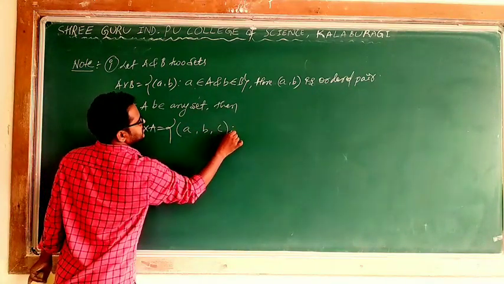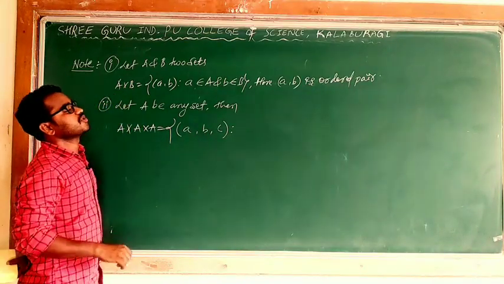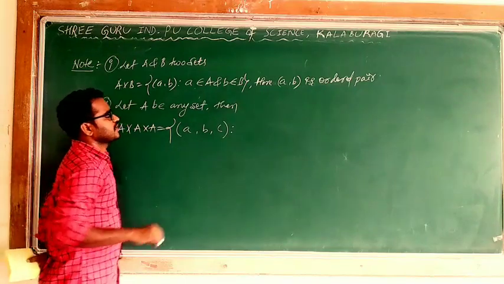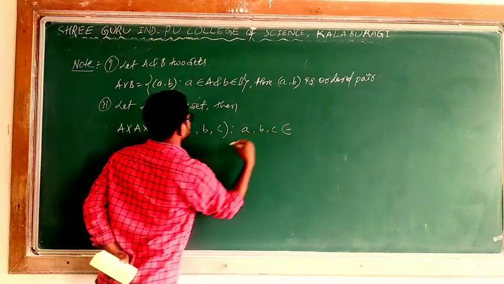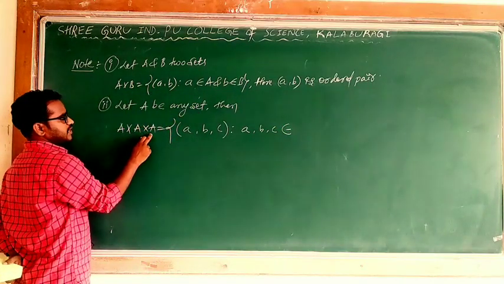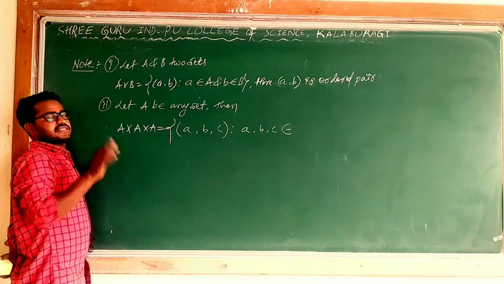I have three elements, so it is an ordered triplet; it is an ordered pair only when there are two elements. Here a, b, c belong to A, meaning all the sets are the same, it is not different sets.